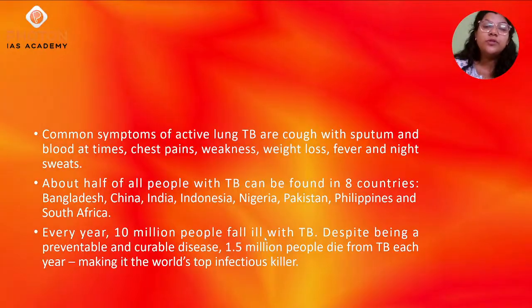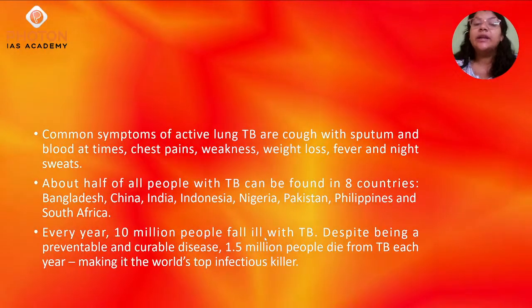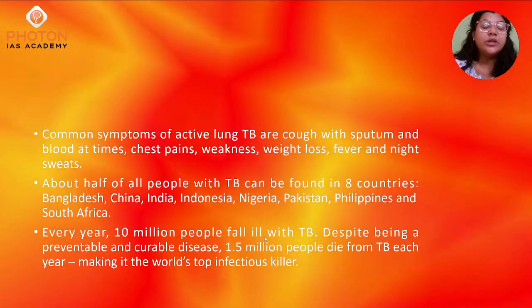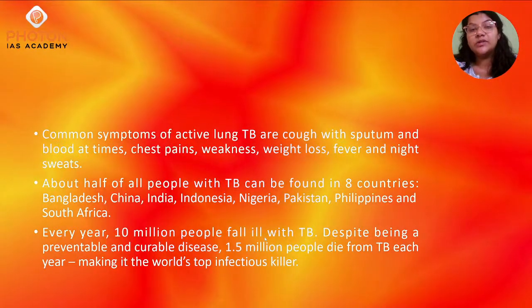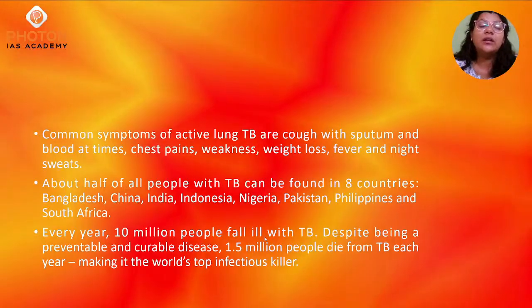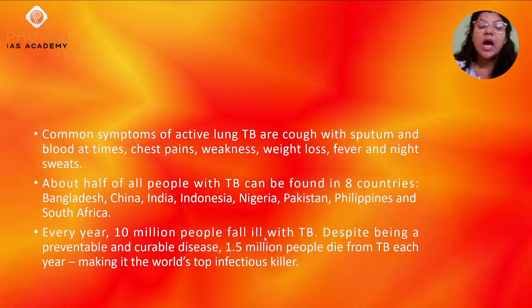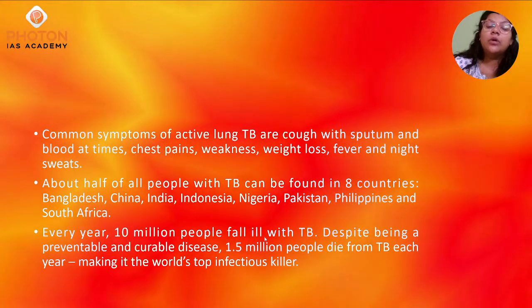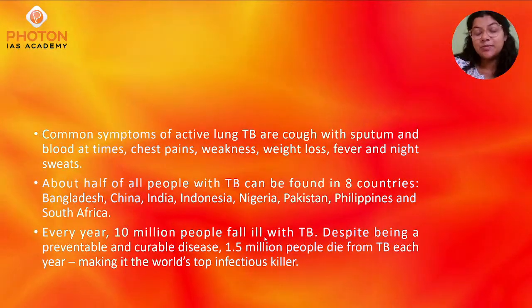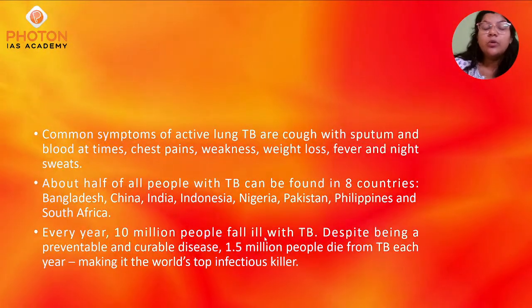It's because most of the time this disease goes undetected. So it's very important to know about tuberculosis, because it is one of the leading causes of death among infectious diseases.